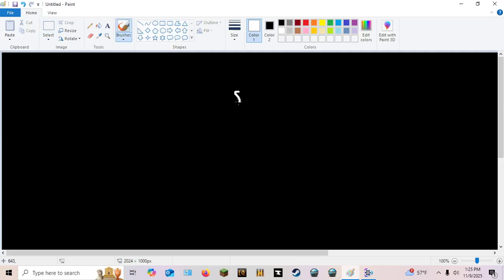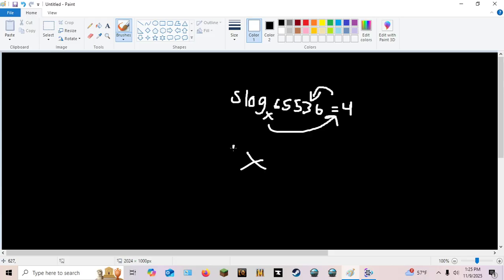Let's do another example. The super logarithm base x of 65,536 is equal to 4. x tetrated to 4 is 65,536.